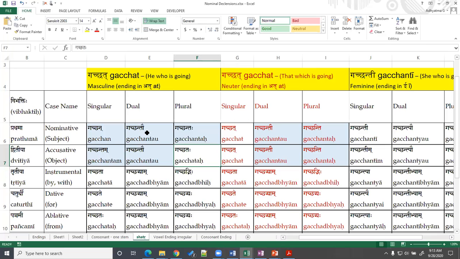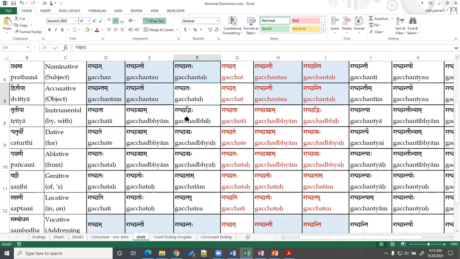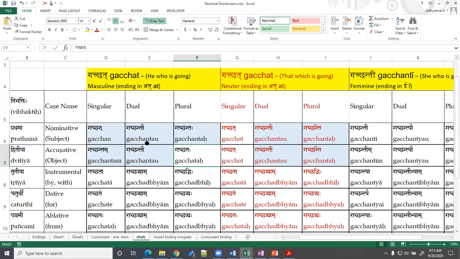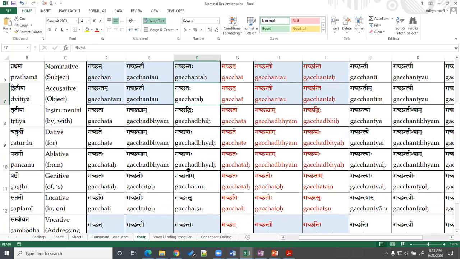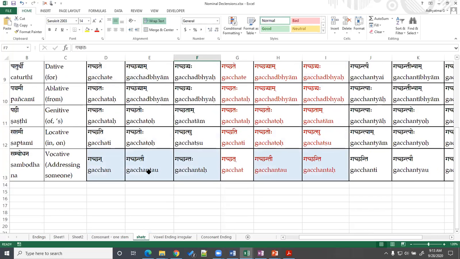This is just a classification for ease, but I told you earlier also that there are potentially 3 stems possible: first five words, then vowel initial and consonant initial. So here it is only the 2 stems. Only the first 5 words are different. Others are exactly the same as marut.